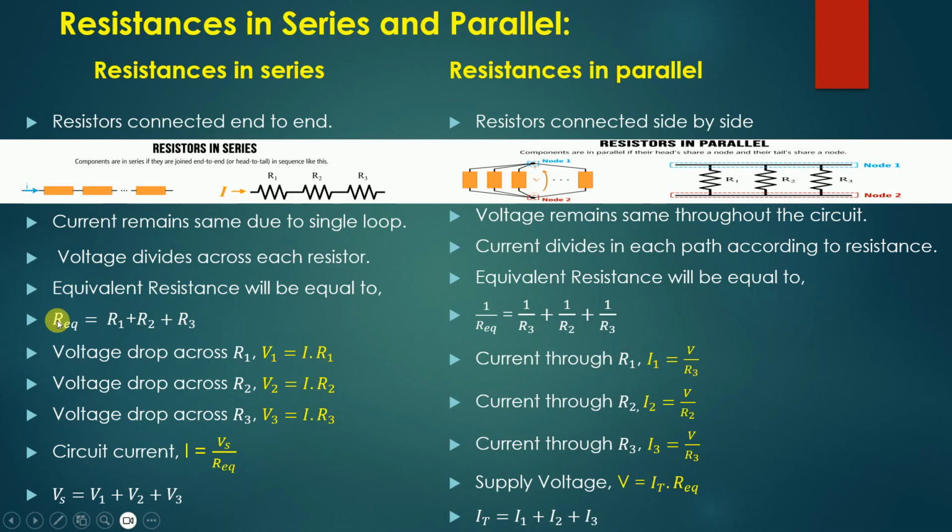In a series circuit, if you have to find the equivalent resistance, then its formula is R equivalent equals R1 plus R2 plus R3.